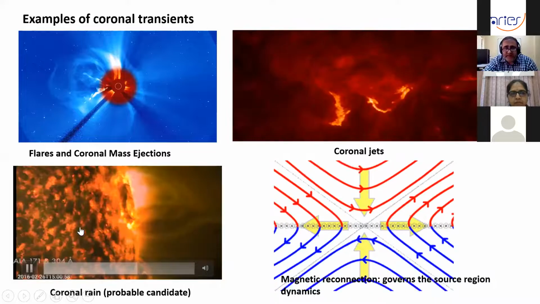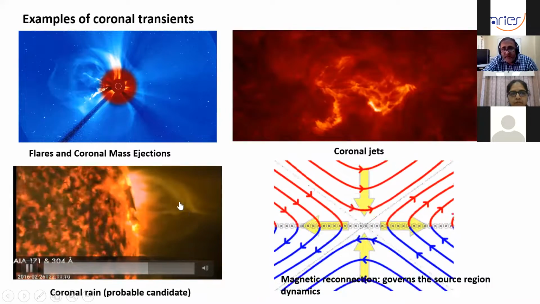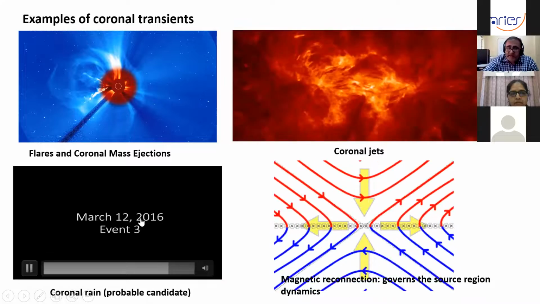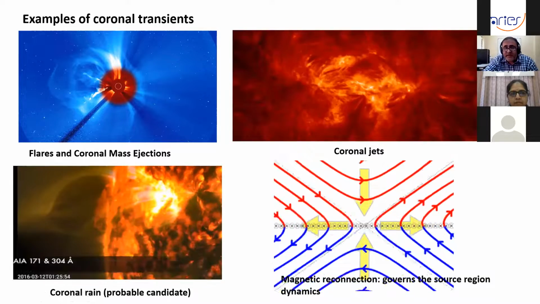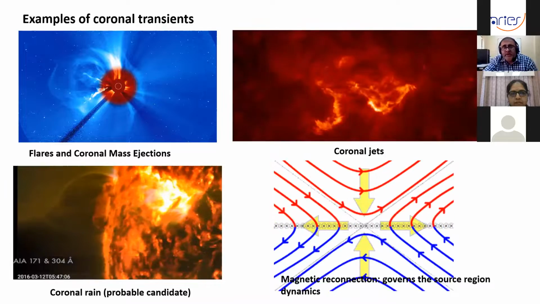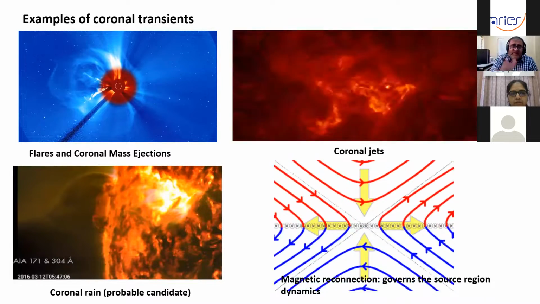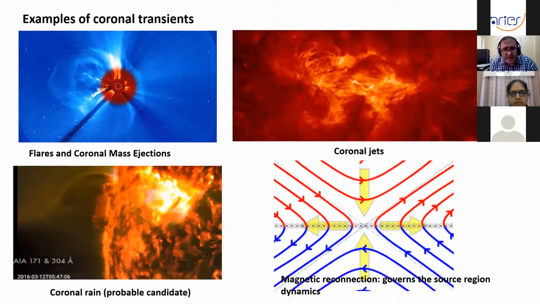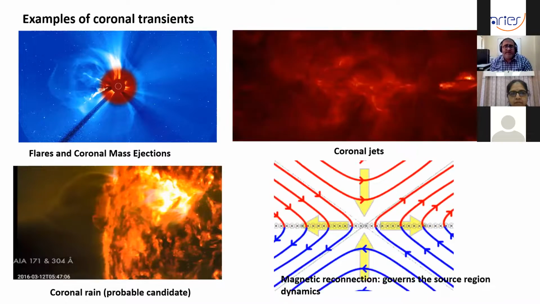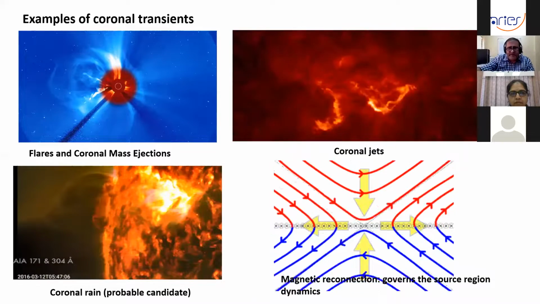You can identify the spine here and the dome kind of structures there, but yet no such simulations are at least done where this kind of coronal rain is proposed as coronal transients.